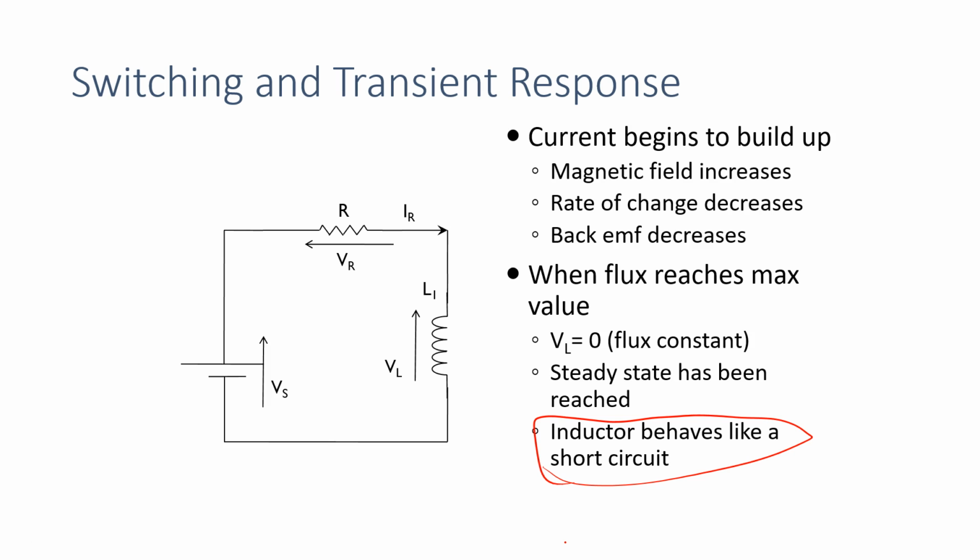The rate at which it changes decreases, which decreases the back EMF, and that makes it behave like a short circuit. So it's a little more difficult to see than the capacitor. And again, you could go onto YouTube and look for some animations. There are very good ones now, and you'll get a better idea of what happens instead of just looking at the static diagram.